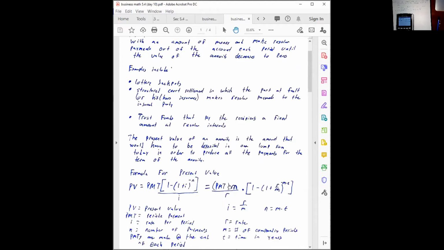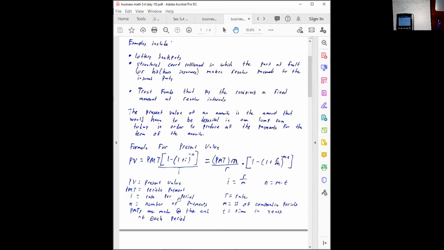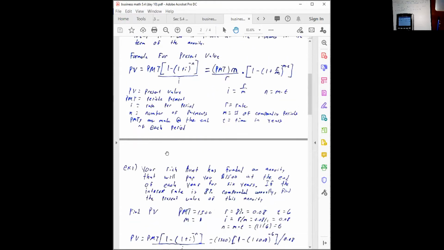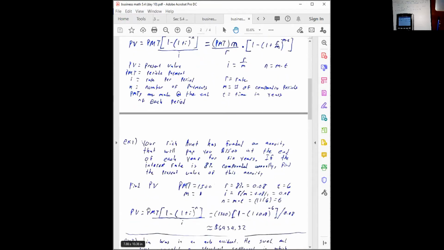And I try to make it simpler for you because this one has all these condensed versions, like I is this, N is this. So I wrote it this way and try to make it easier to plug into your calculator. So I would recommend using this one, but you can do it this way if you want. But it'll still be annuity questions. The only difference is we want to know how much the present value was.